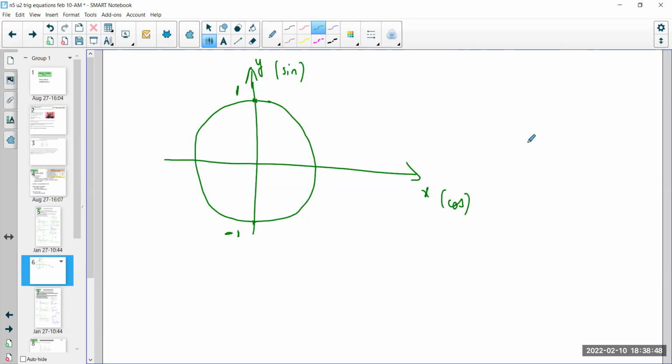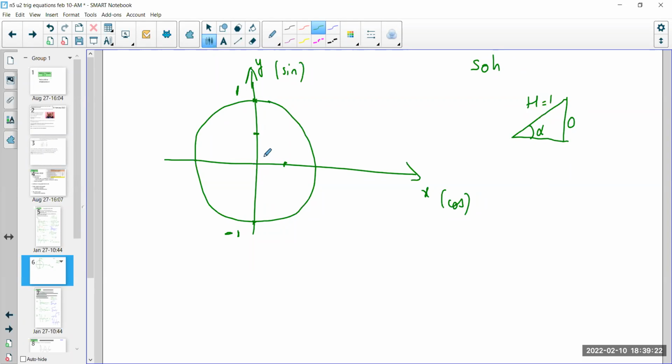So when you were doing SOHCAHTOA, if your hypotenuse is equal to 1, remember, sine is opposite over hypotenuse. So the opposite side of this angle is this side here. And if your hypotenuse is equal to 1, basically sine of your angle is that side.